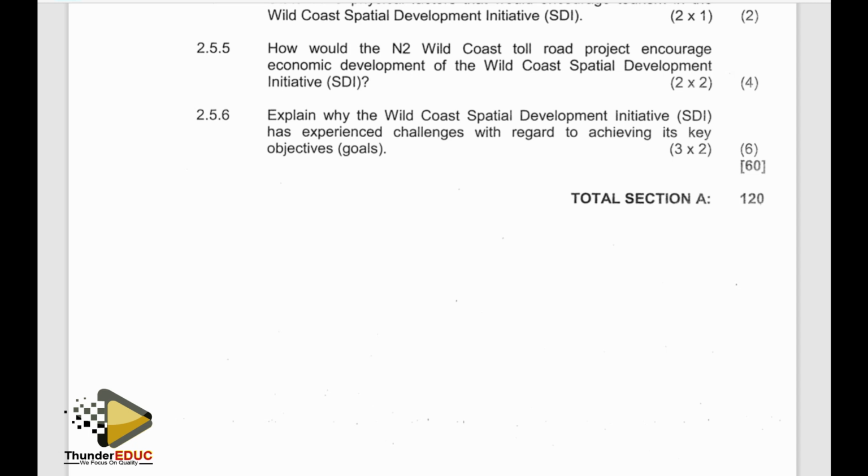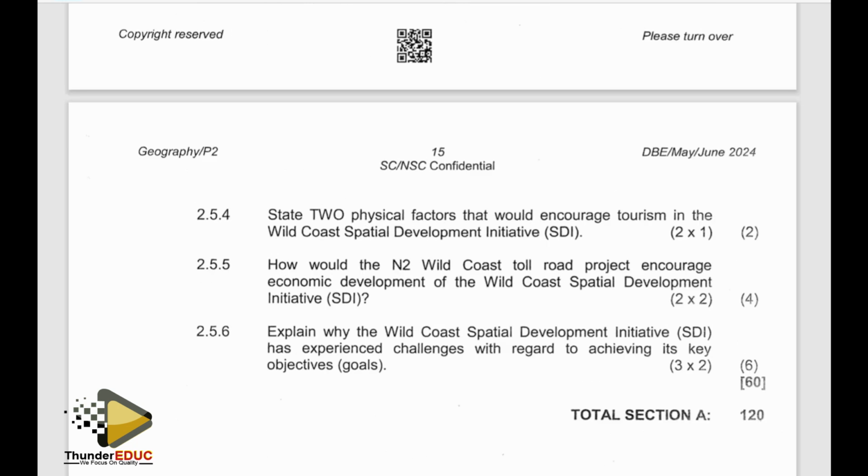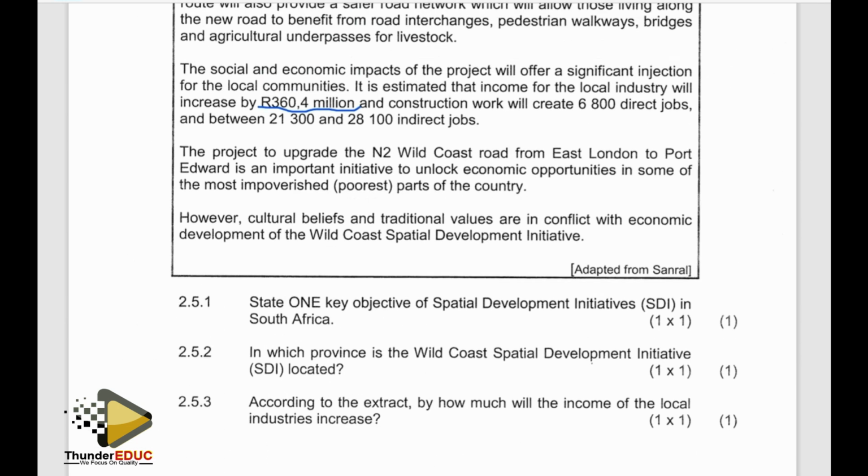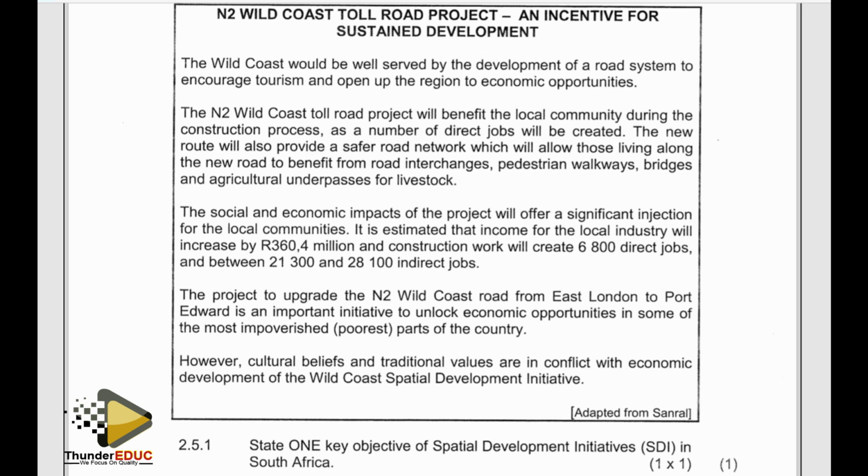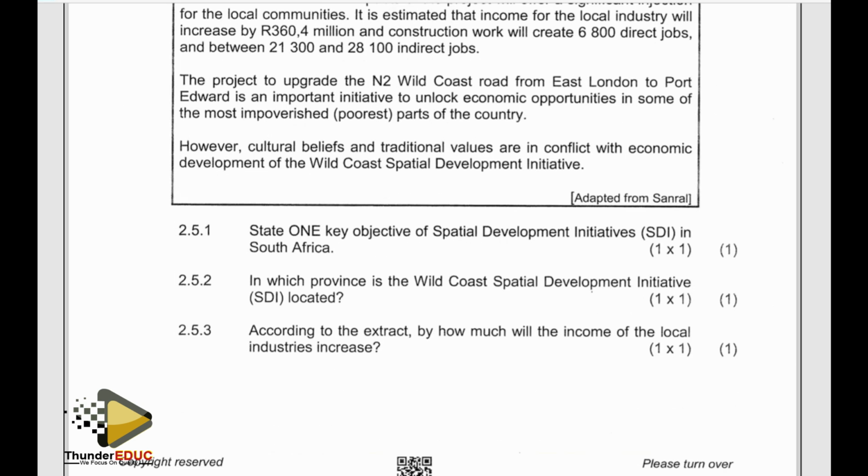You can argue, for example, what is indicated in our text here. It shows us that there is also a hindrance. It says, however, cultural beliefs and traditional values are in conflict with economic development. This can be a very challenging effect that will make the initiative not achieve the desired results.